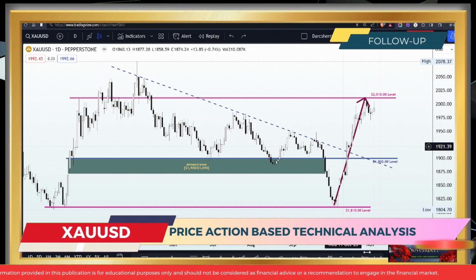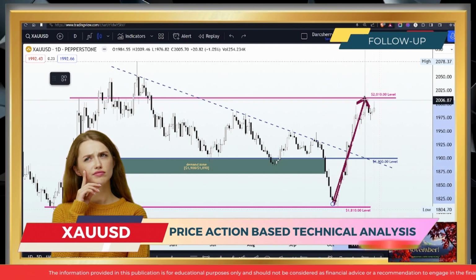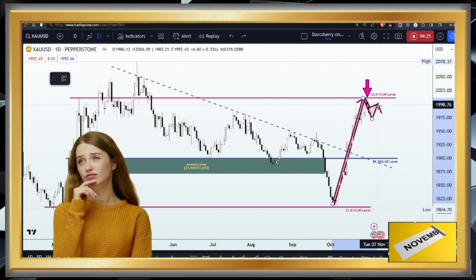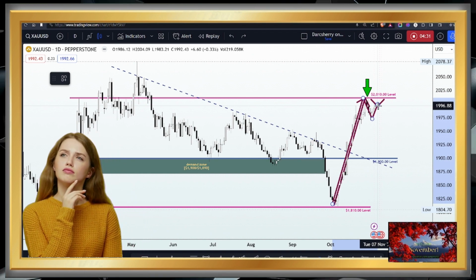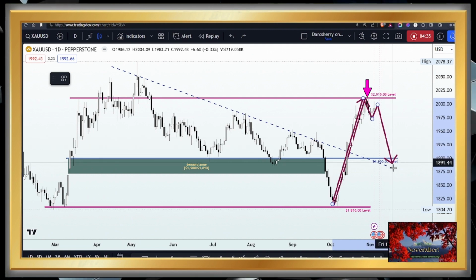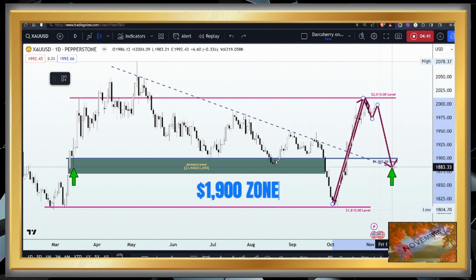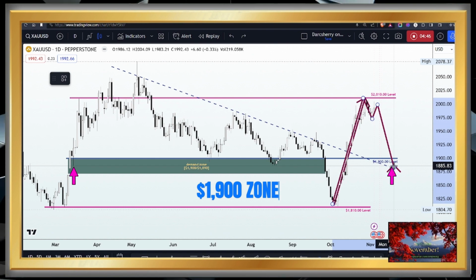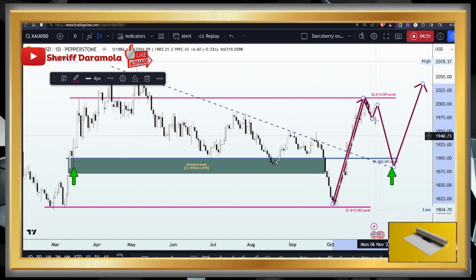Now, from my own perspective, considering the impulsive move that broke out of that descending trend line, are we likely going to be seeing a situation where continuous selling pressure will persist below the $2,010 level, just like it has done in the past, to incite the retracement of that impulse leg, maybe back into that demand zone around the 1,900 area, which interestingly shares a confluence with a retest of that descending trend line, maybe to incite an uptrend continuation.